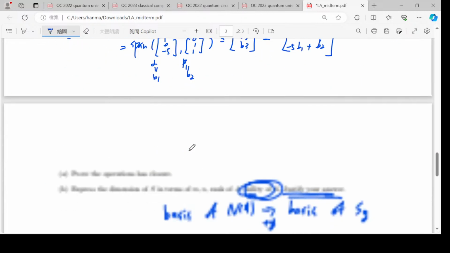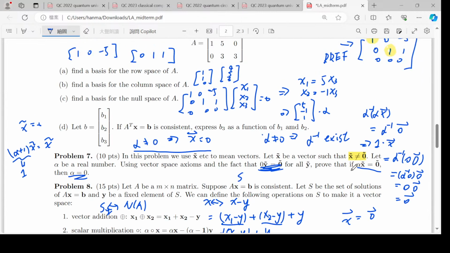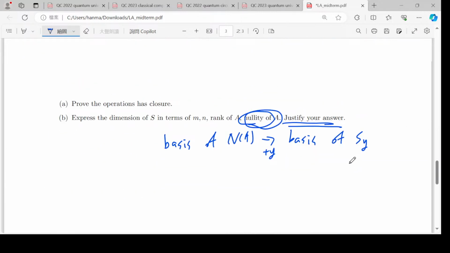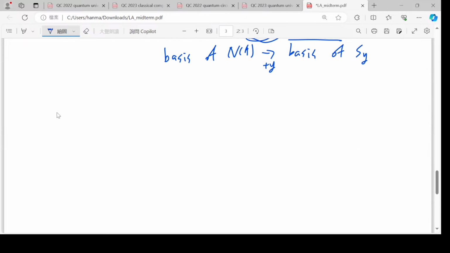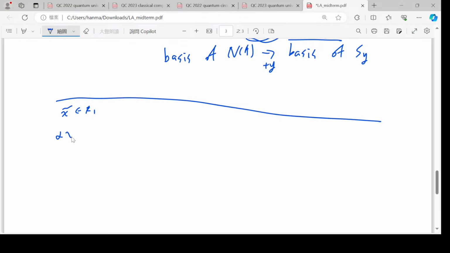The intuitive way to see this: think about a very special case, like x in R1. Then you just have two numbers, alpha x equal to 0 and x not equal to 0.